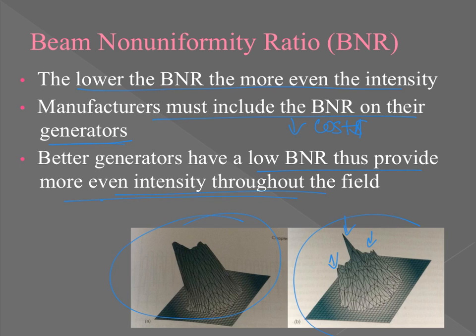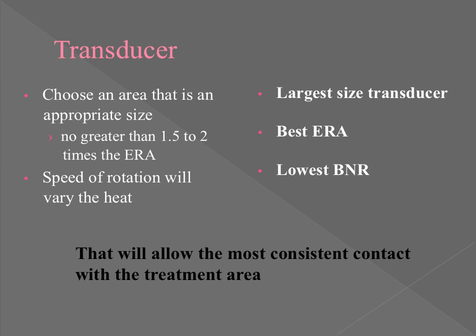So again, if we're thinking about a unit and we want to purchase one, we need to know how much intensity that device can deliver. We want one that gives us options for our thermal and non-thermal treatments. Yes, we want to be able to select a head that has a really good, large, effective radiating area, potentially. We also want to make sure that we have a relatively low beam non-uniformity.